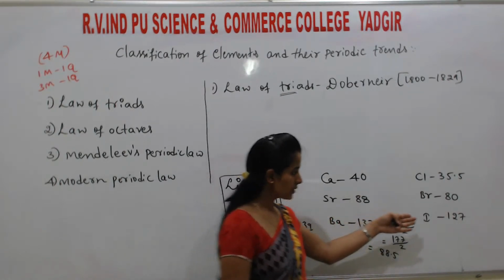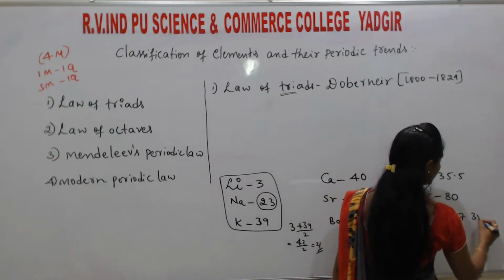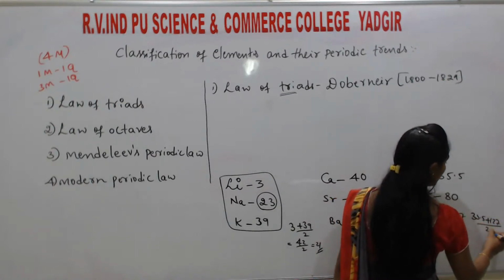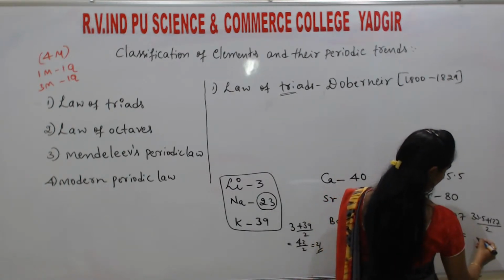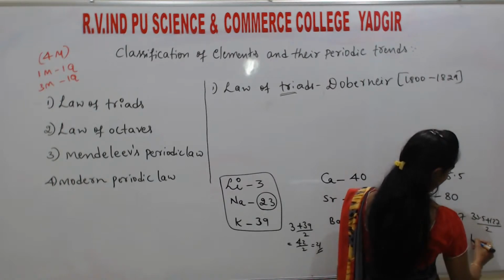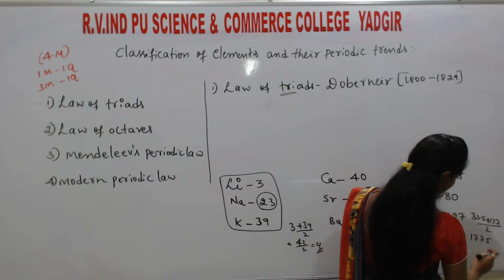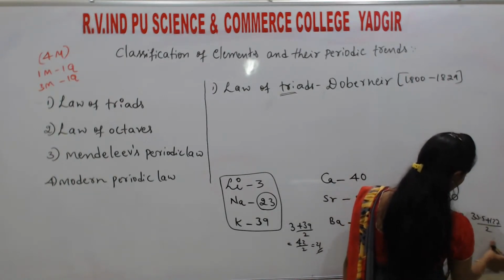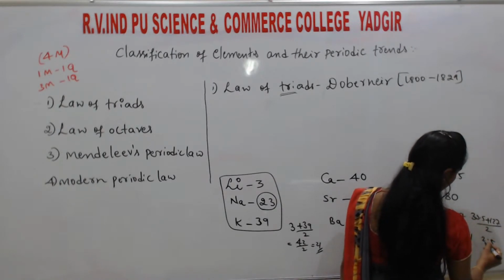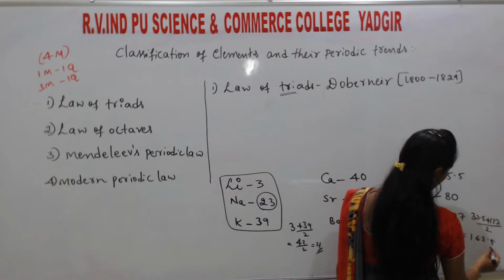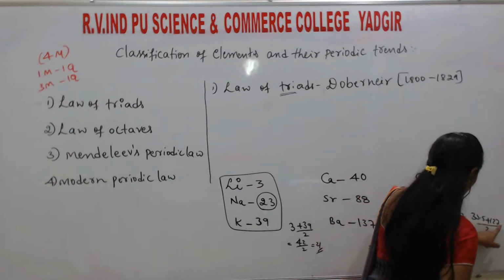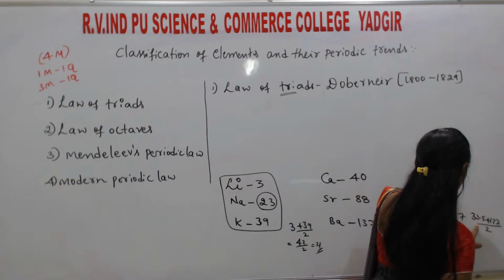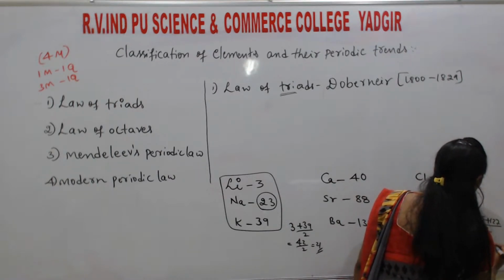This one. Here you consider 35.5 plus 127 divided by 2. That is how much? 162.5. Sorry. 162 by 2, right?